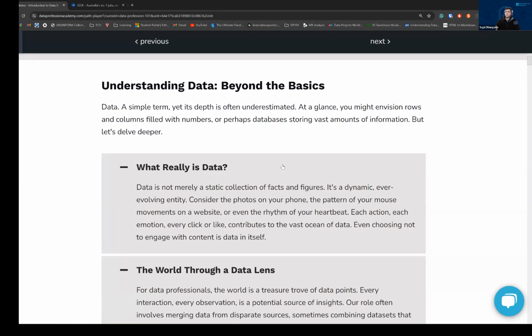That's where the majority of the value comes from. It is from the existing data as well, but it's the ability to find data from those unusual places and make it useful. That's one of the biggest strengths of a data professional: the ability to uncover those interesting data points.